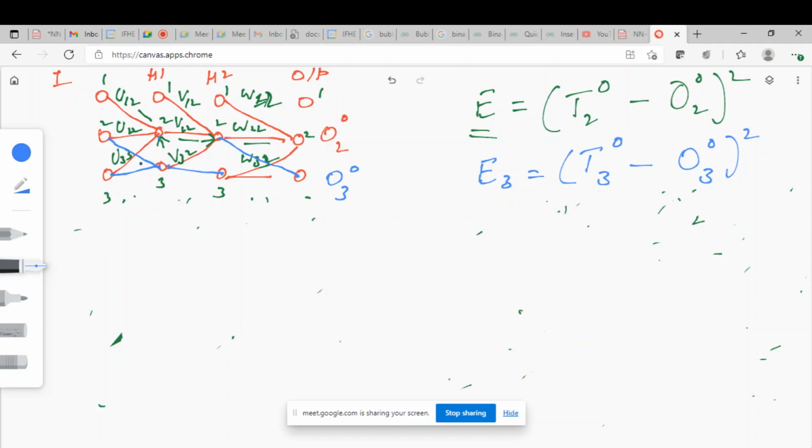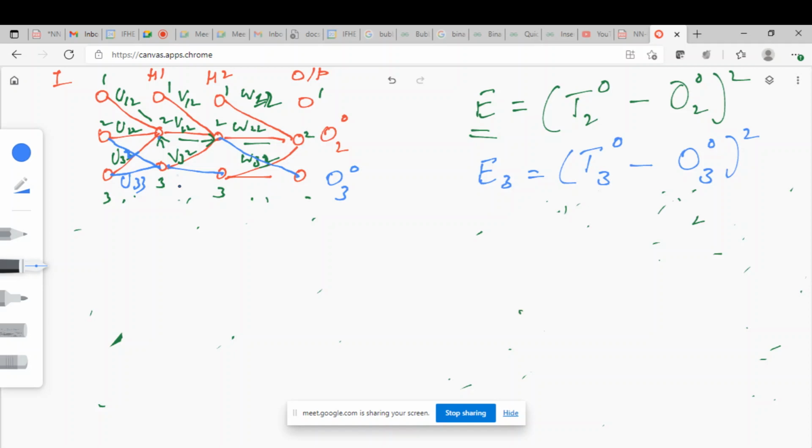No, this is not U32. Previously this should be U32. We have marked this as U33. Actually this is U32. Am I right? This is third neuron of the input to the second neuron of the hidden layer 1. So this should be U33. Let us call this U33. And this weight is V33.